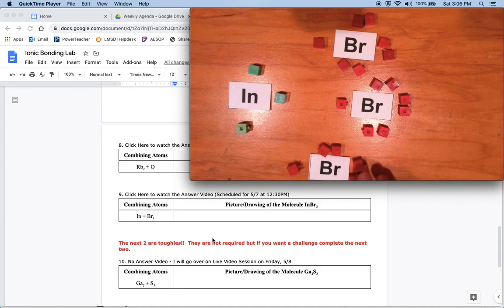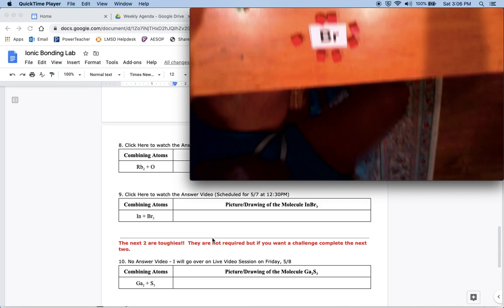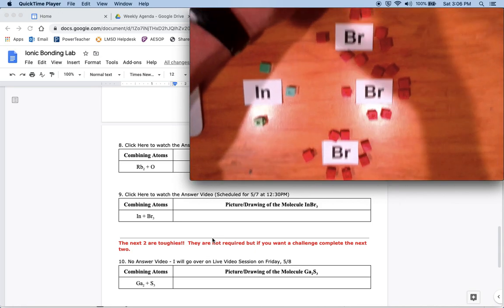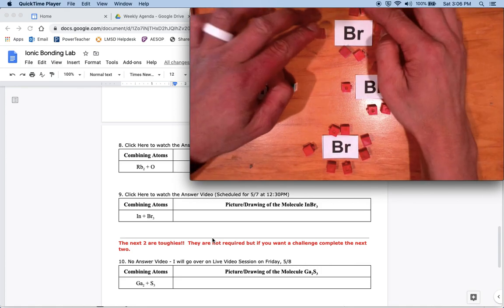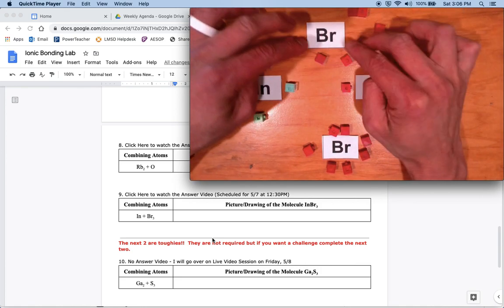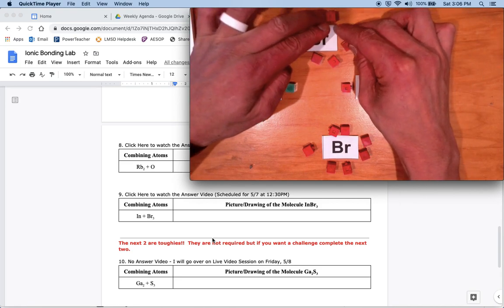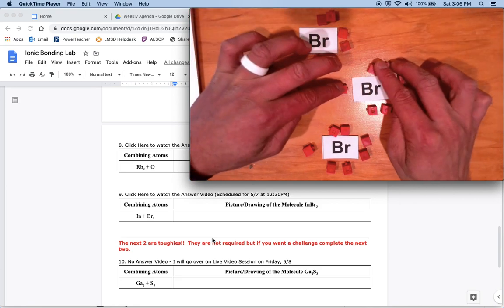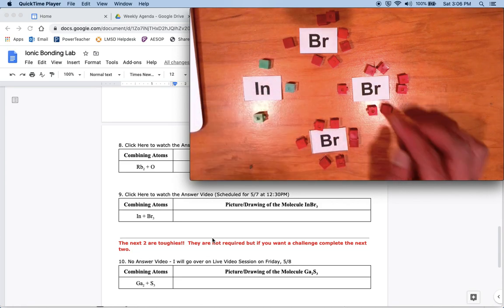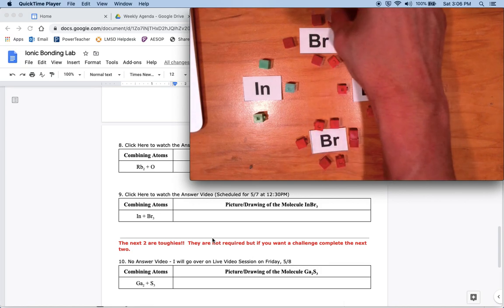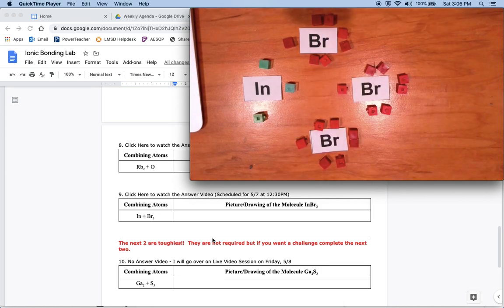Okay, so now, same thing that we've done in the past, regardless of whether or not you have 7 valence electrons or 8 valence electrons. Let me just make this a little bit taller so I can get everything in there, and move this one over here so we can see everything. So we need to figure out if each one is a giver or a taker of valence electrons. It doesn't matter if you have 1, 2, 3, 4 atoms, it's still the same.